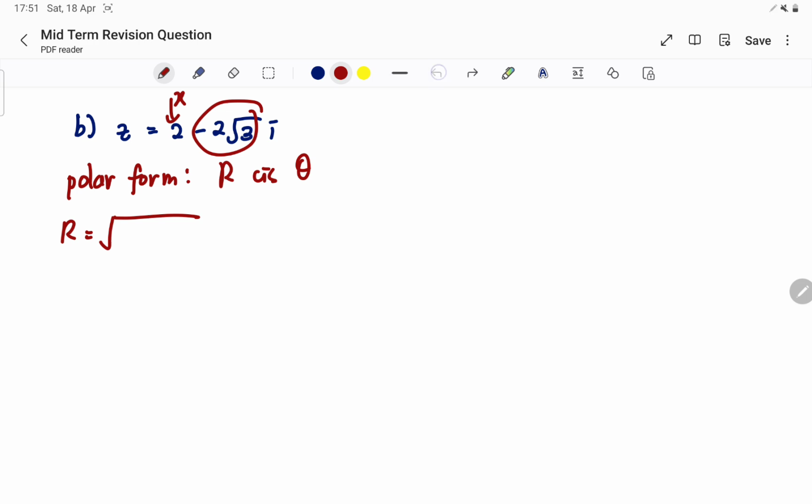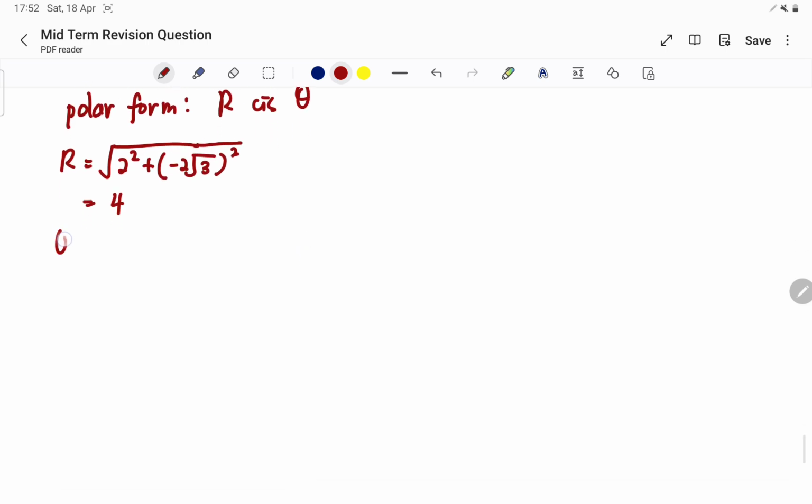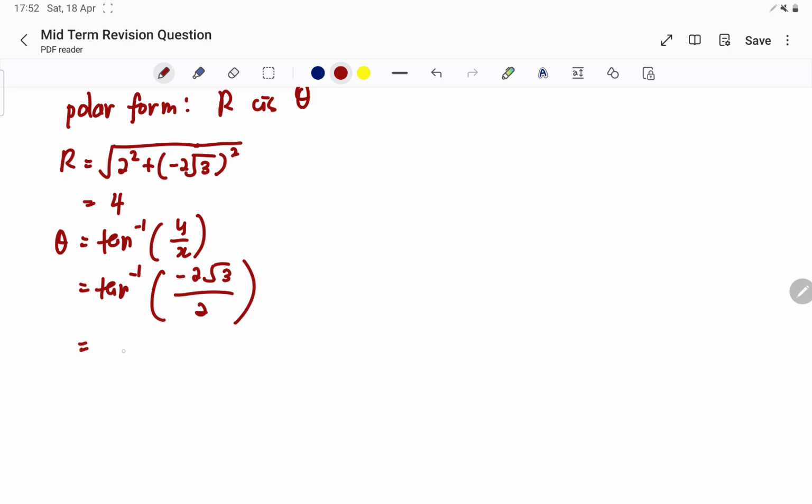So 2 squared plus negative 2 square root 3 squared. You use the calculator, and your answer is 4. Then you find theta, which is inverse tangent of y over x, so inverse tangent of negative 2 square root 3 divided by 2, and you get negative pi over 3.